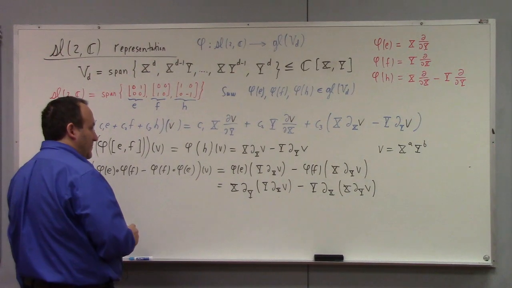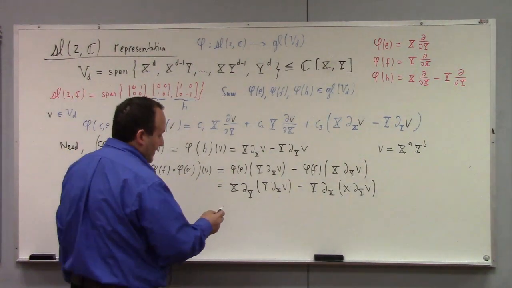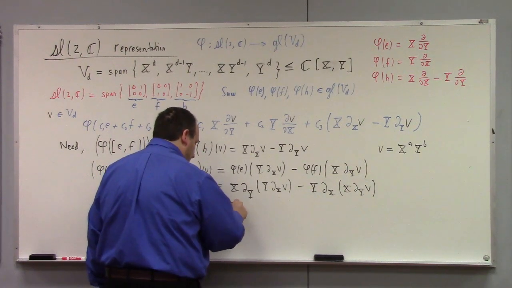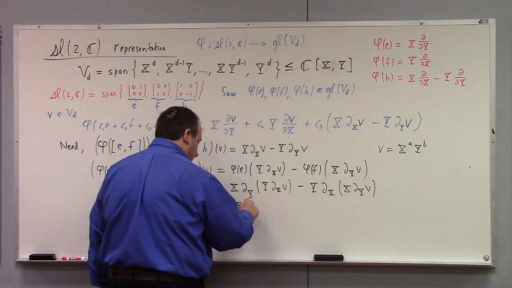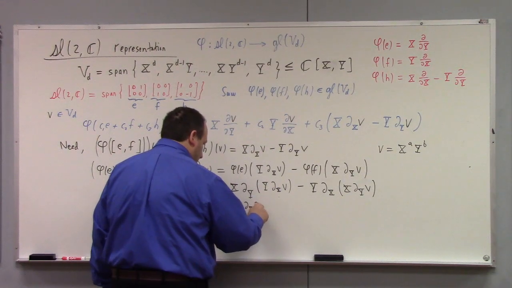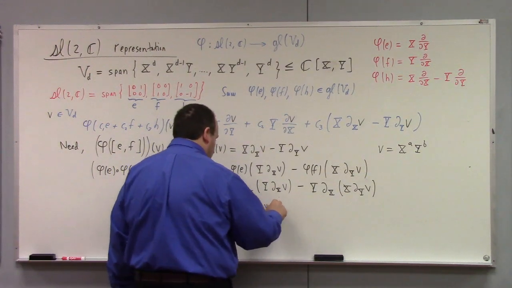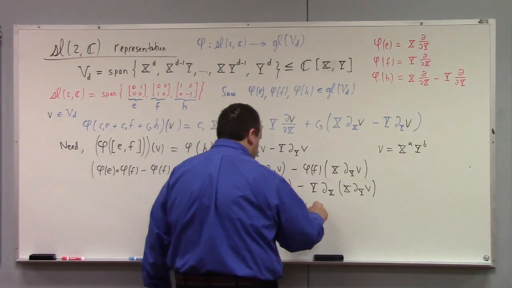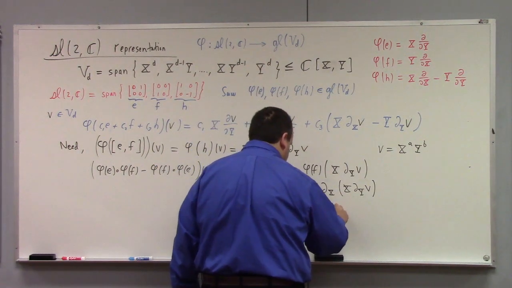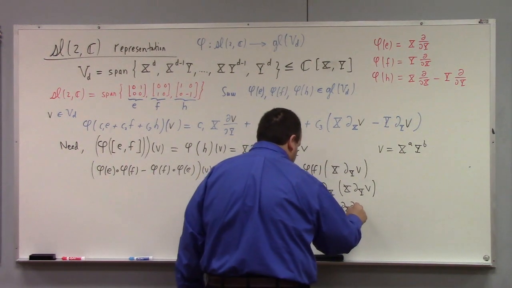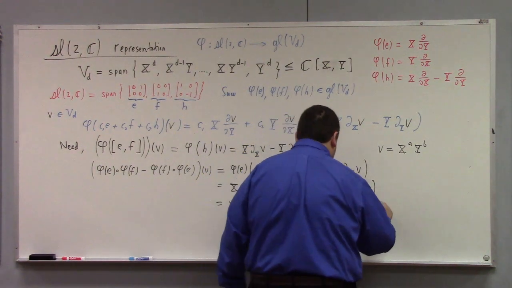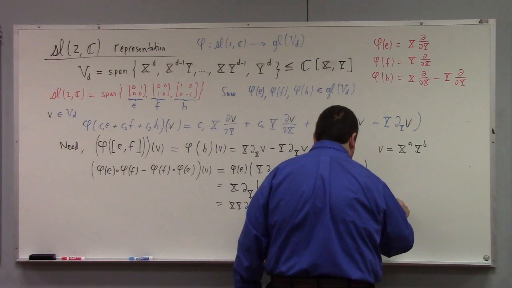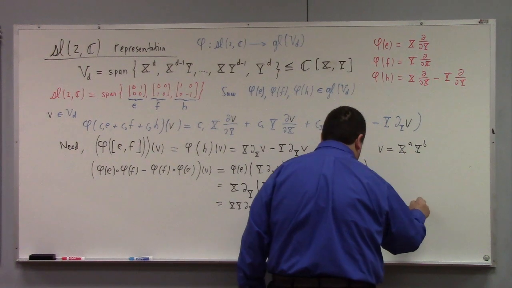But I think we can see the same just with the product rule here, right? So when we do the product rule, you've got xy partial y, partial x v, plus x partial x v, minus yx partial x partial y v, minus y partial y v.